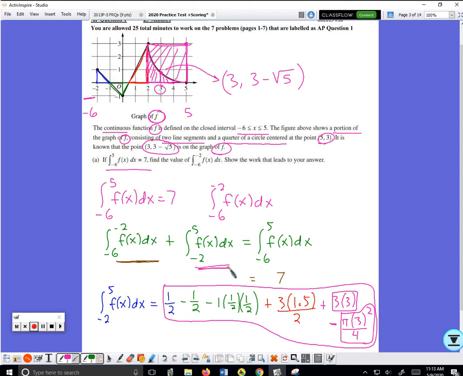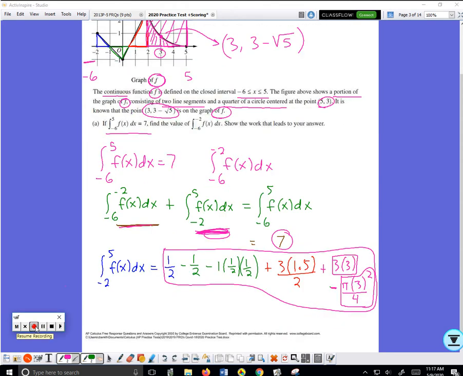So only one more thing to write down. 7 minus this integral's value will be this integral's value. So I write on my paper the integral from -6 to -2 of f dx is going to equal, okay, the 1/2 and the 1/2 definitely add to make 0.